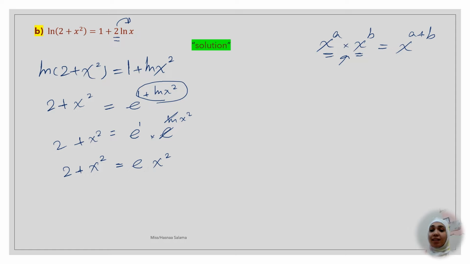Okay, how can we get x? Let's put the x squared on only one side to take it as a common factor. 2 equals e x squared minus x squared.